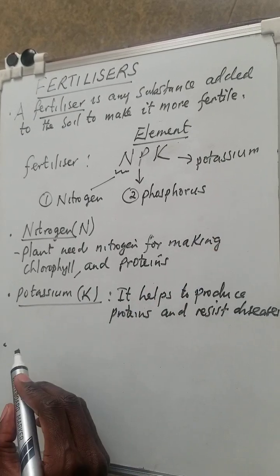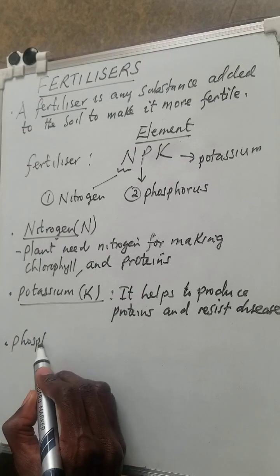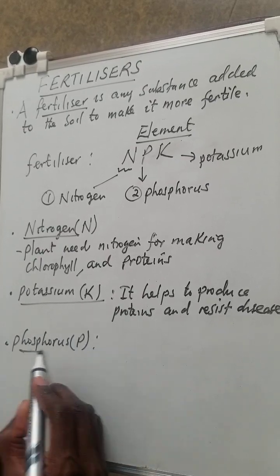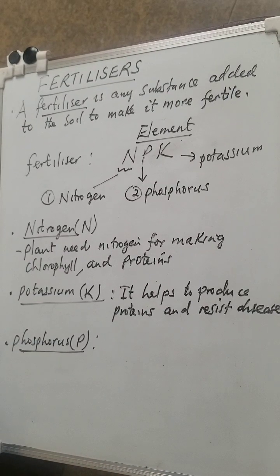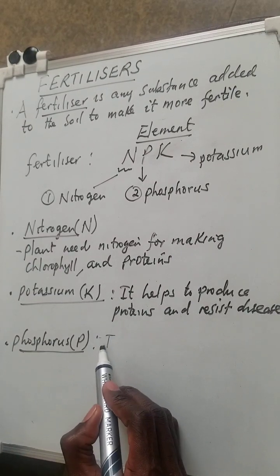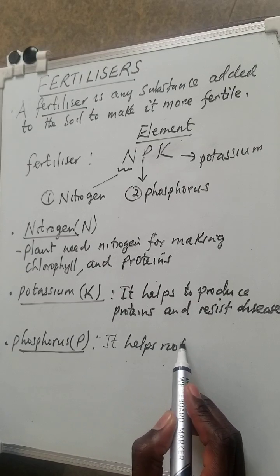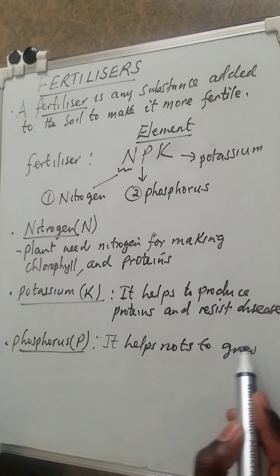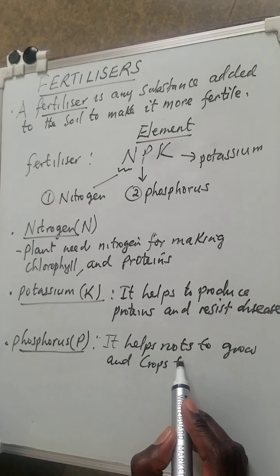The other nutrient we are talking about is phosphorus. What does phosphorus do to plants? Phosphorus helps roots to grow and crops to ripen.